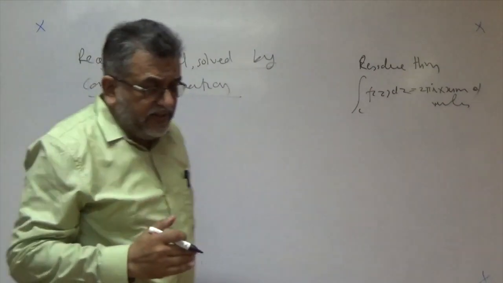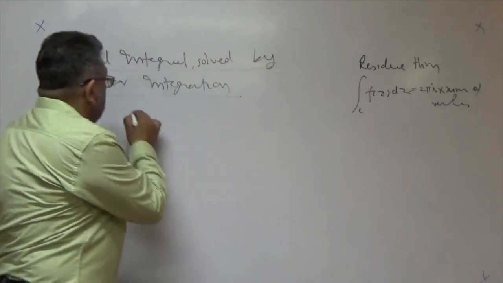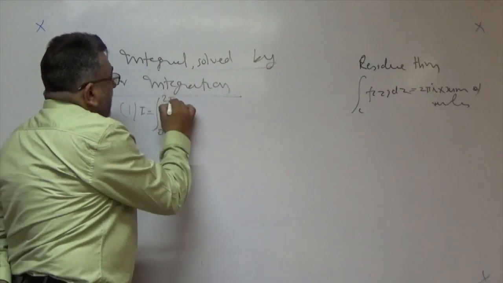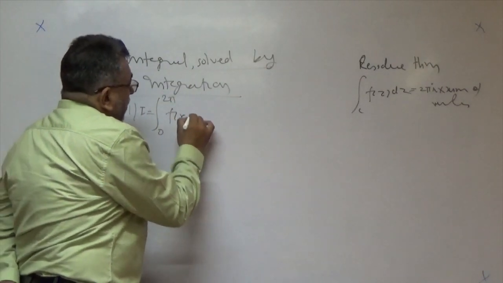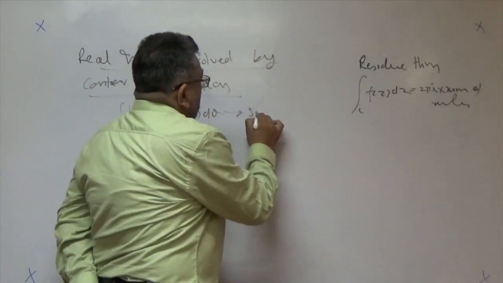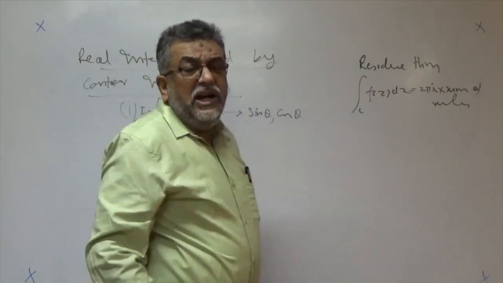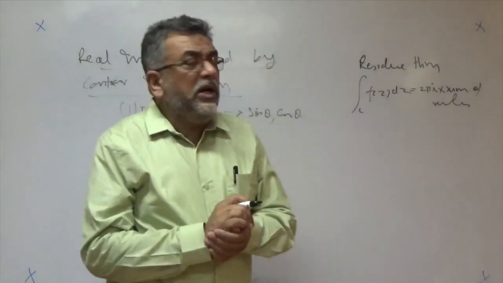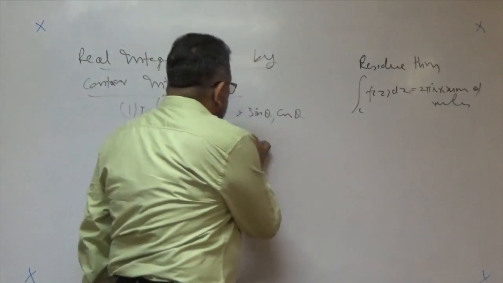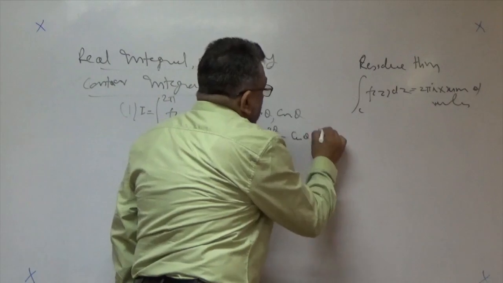In the last lecture, in the first case, I discussed the integral I over 0 to 2 pi of a function containing sine theta, cos theta, etc. I told you these can be converted into complex form by using Euler's formula, z equal to e^(i theta), which means cos theta plus i sin theta.